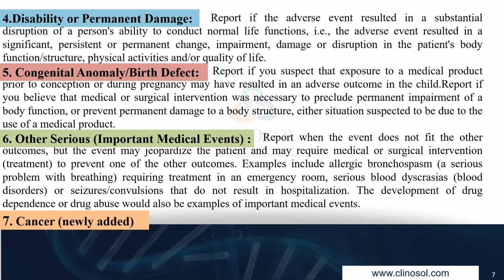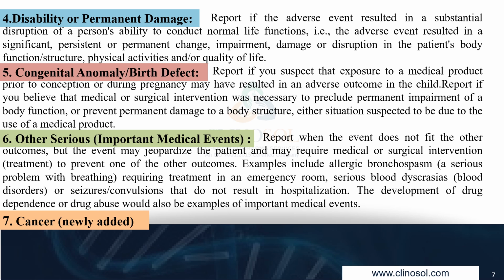Last one is other serious important medical event. Report when the event does not fit the other outcomes, but the event may jeopardize the patient and may require medical or surgical intervention to prevent one of the other outcomes.